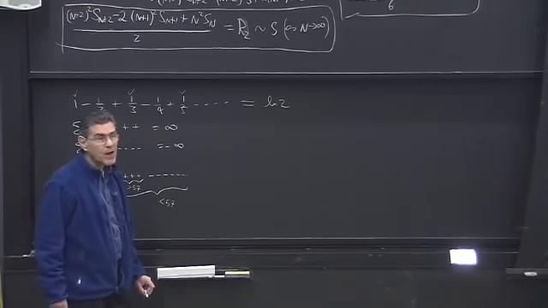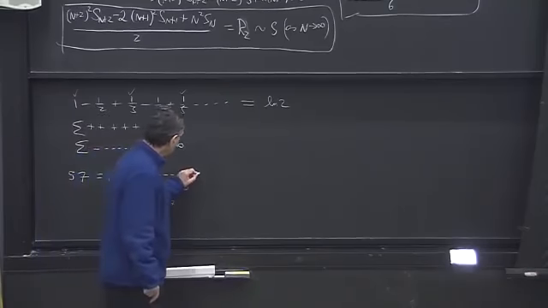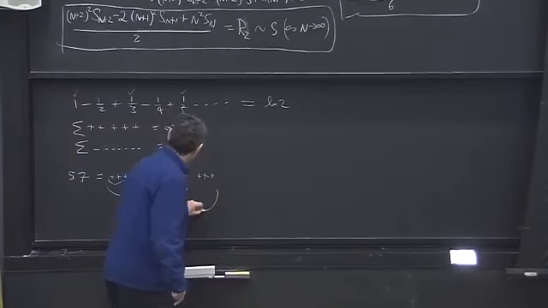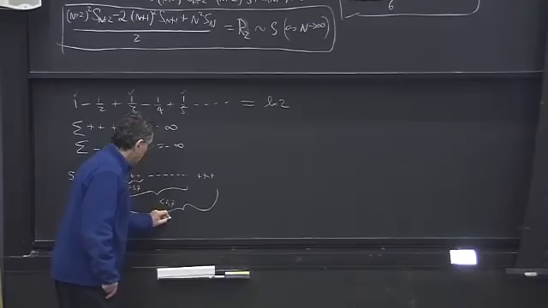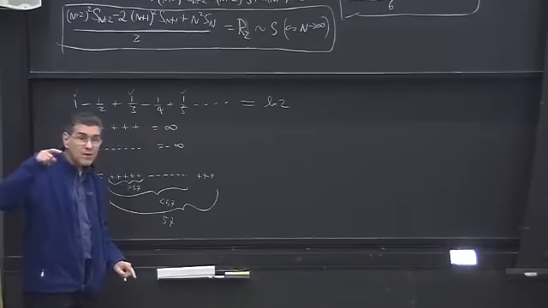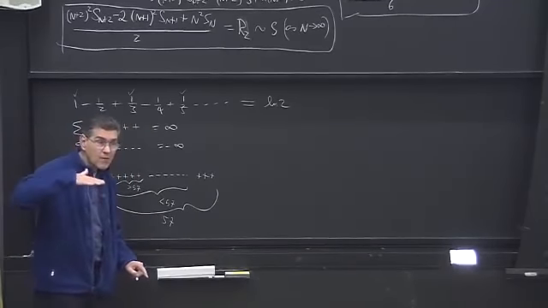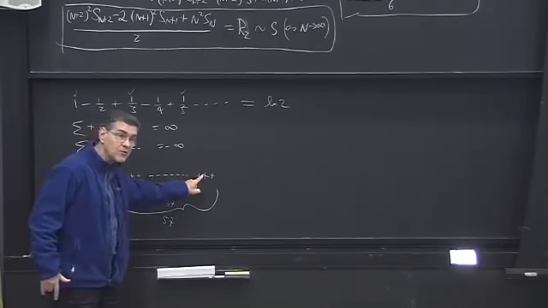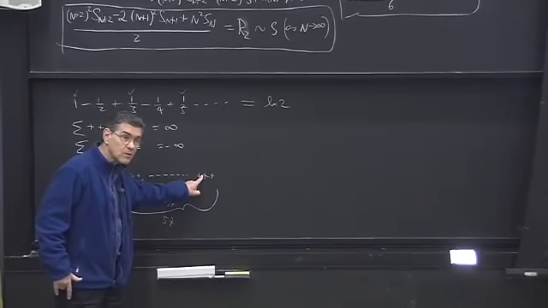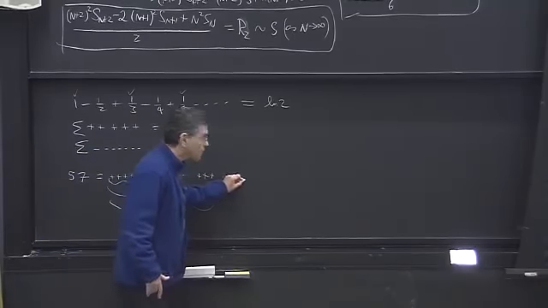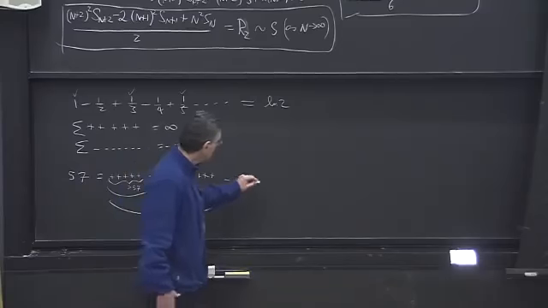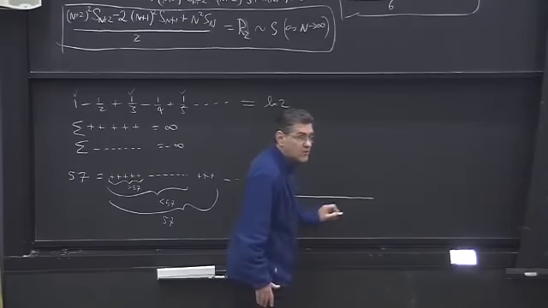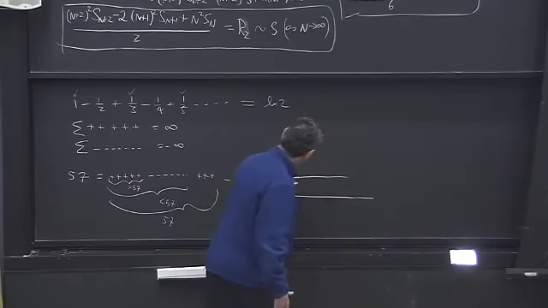Then I take some more positive numbers until it goes just above 57. But when it goes above 57, it'll go above 57 less than before, because I'm adding on smaller numbers. And then I take some more negative numbers until it goes below 57. So this process, here's 57.